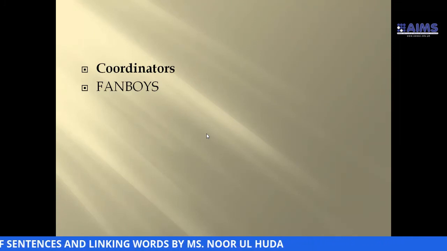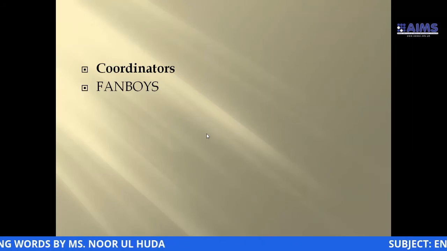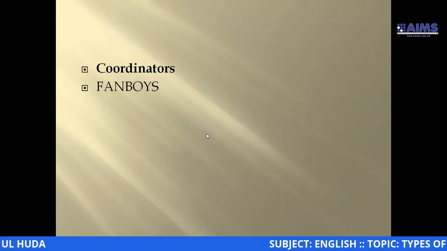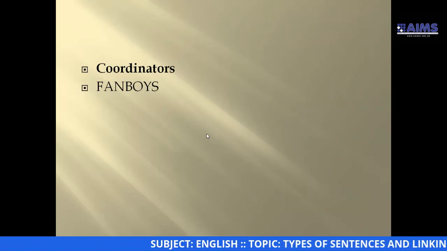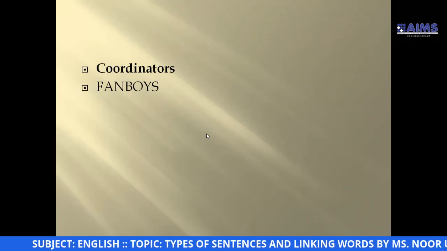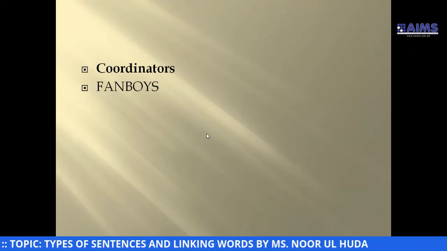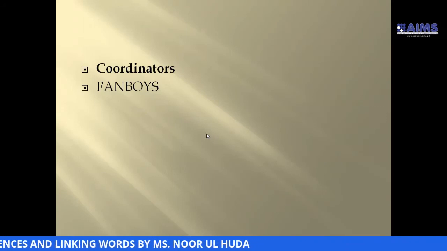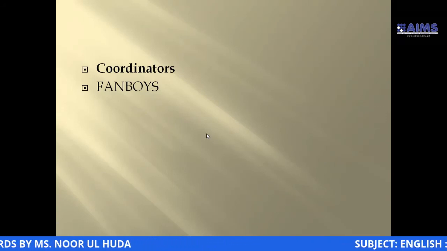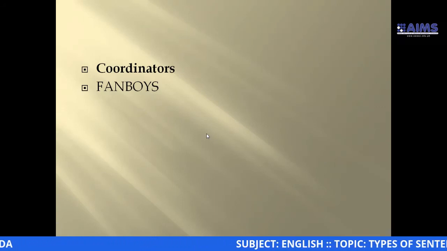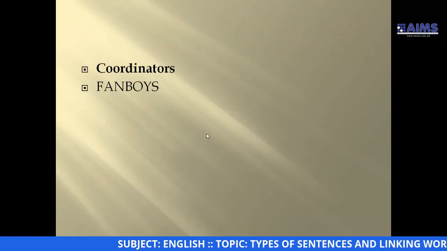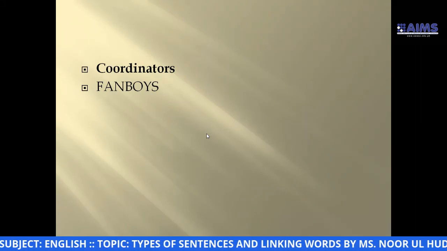FANBOYS are the words like for, and, nor, but, or, yet, and so. These are the words which are used to connect two independent clauses. So we can form compound sentences by using any of these conjunctions.